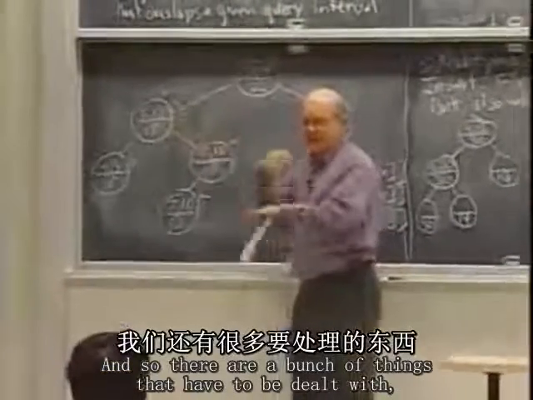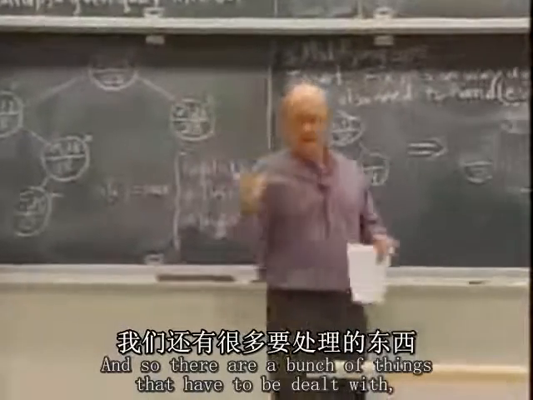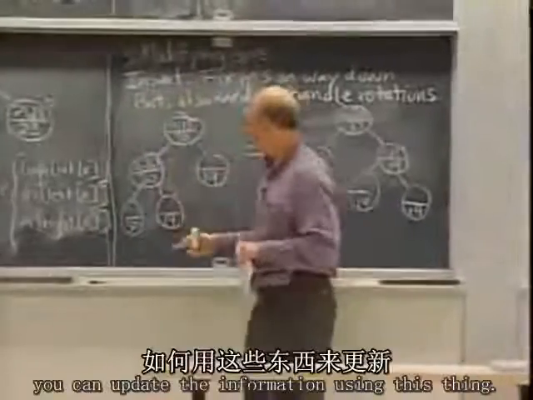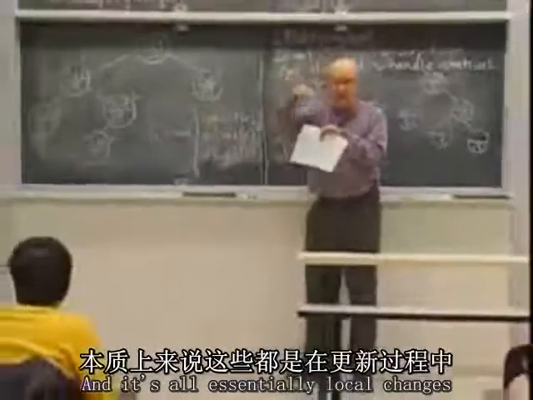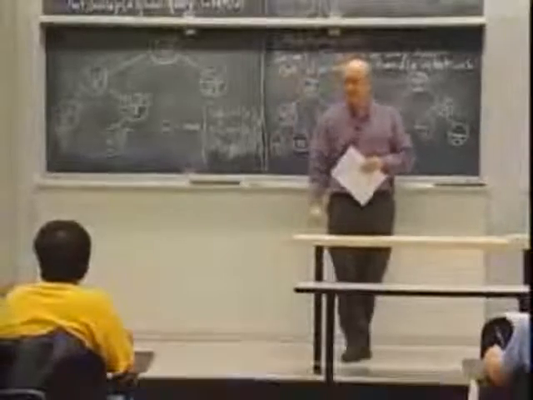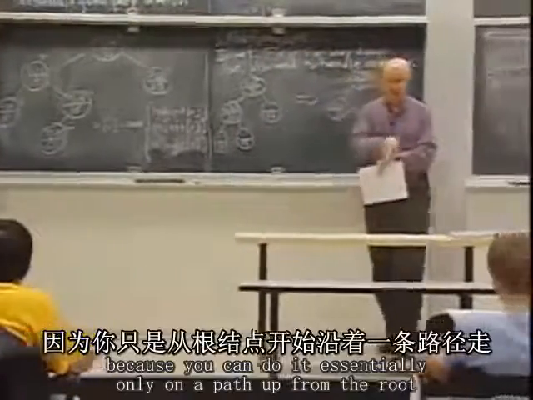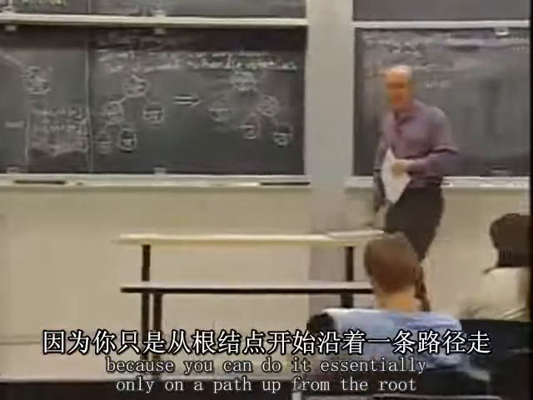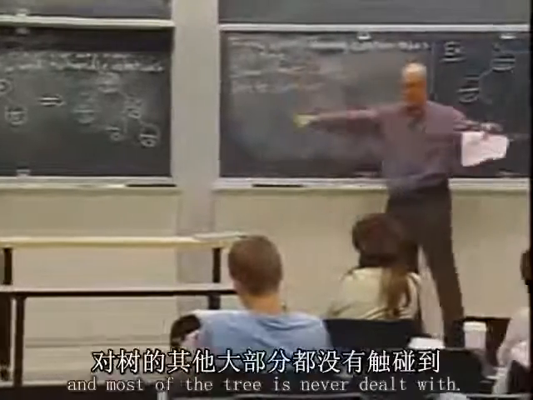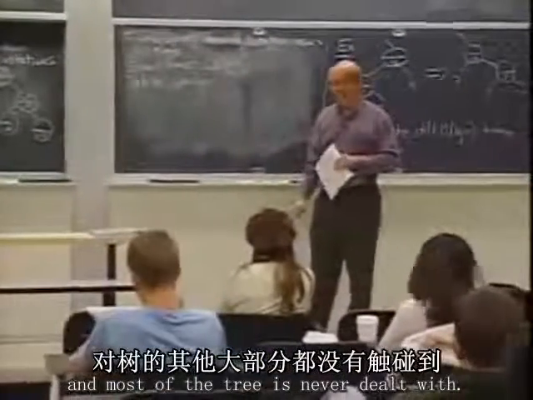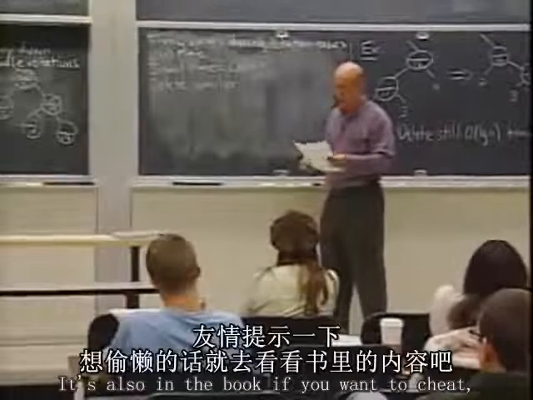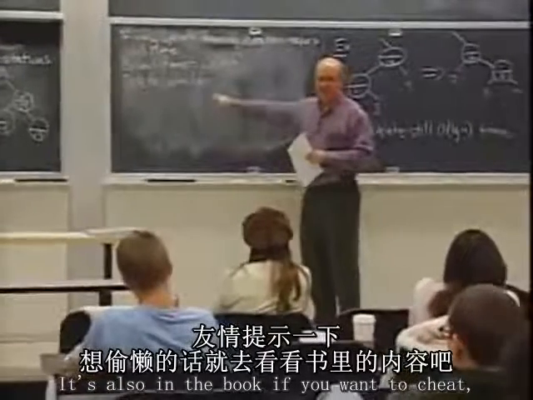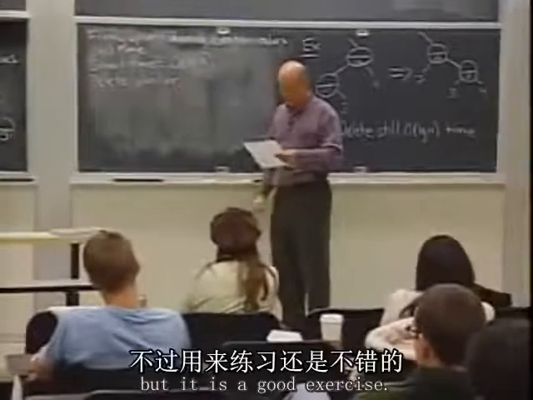And so there's a bunch of other things that have to be dealt with, but it's all stuff where you can update the information using this thing, and it's all essentially local changes when you're updating that information. Because you can do it essentially only on a path up from the root, and most of the tree is never dealt with. So I'll leave that to you folks to work out. It's also in the book if you want to cheat. Okay, but it's good exercise.